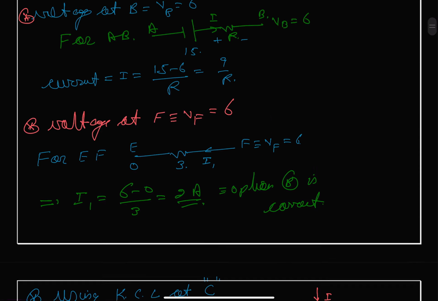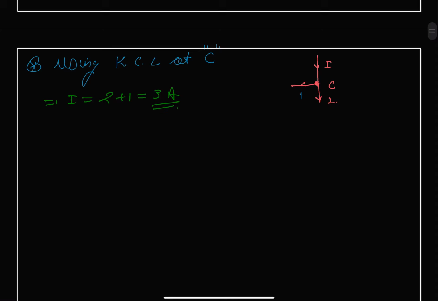Therefore we can use the equation. Let me write it here. I is equal to 9 upon R. Let us call this equation number 1. So from equation 1, we know our I is equal to 9 upon R, and I we just found out.